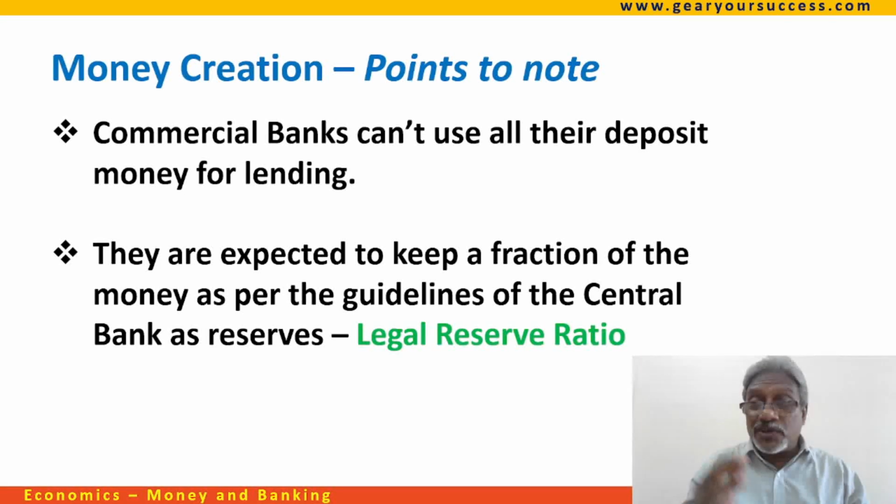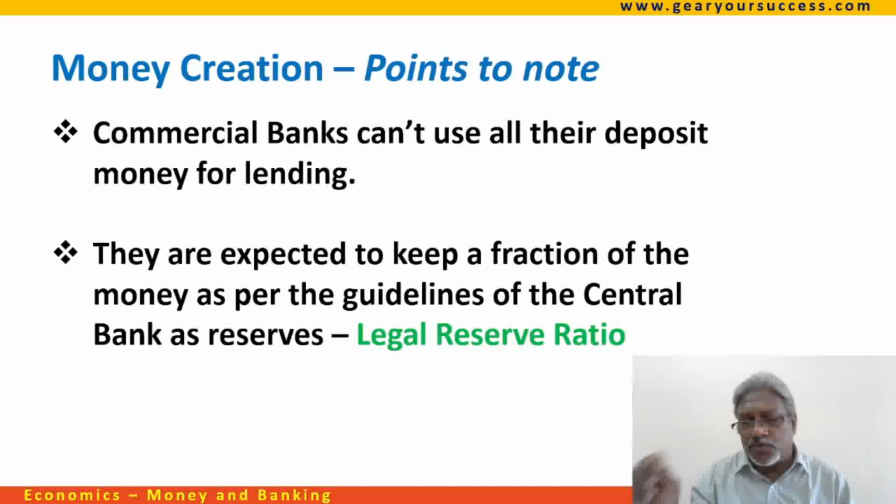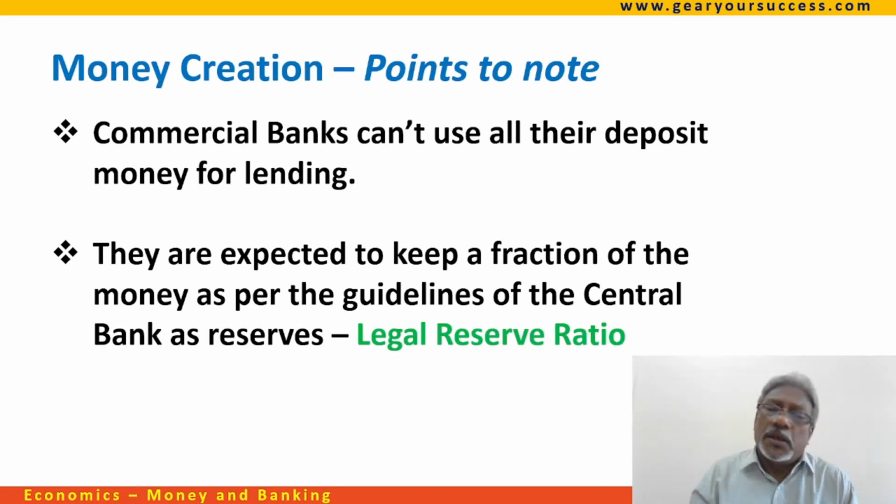So the fraction of money that is to be kept before lending is called the legal reserve ratio, which will be decided by the central bank of a nation, and they keep changing this proportion. Generally, a bank should retain 10% as LRR, or legal reserve ratio.